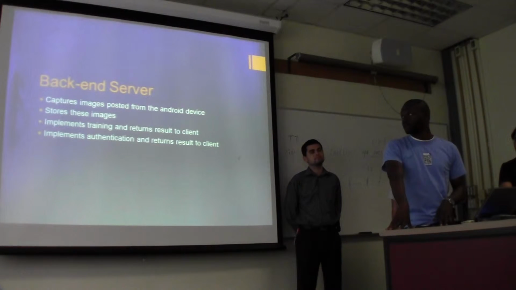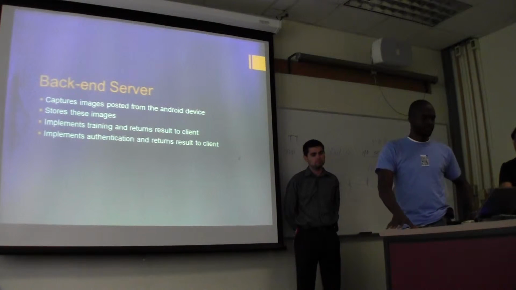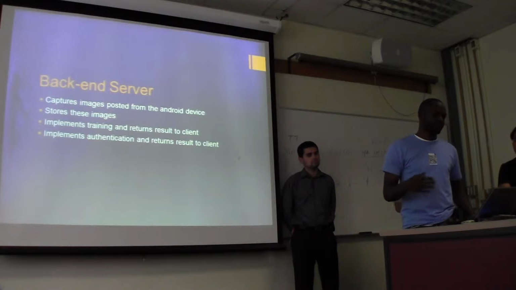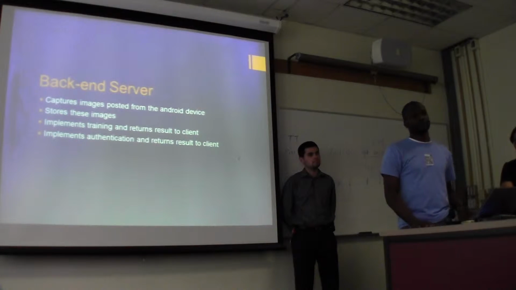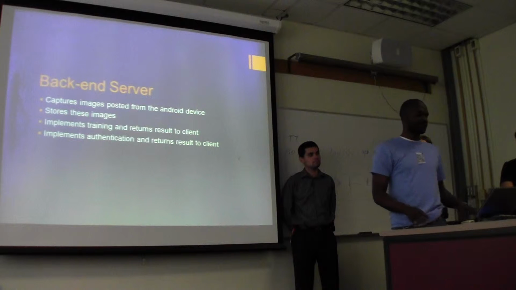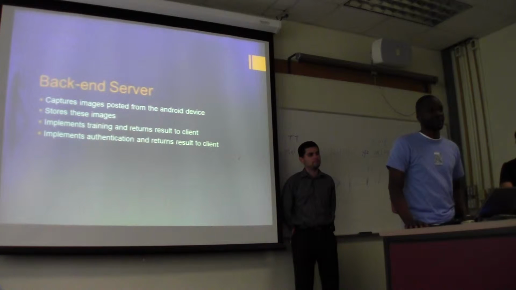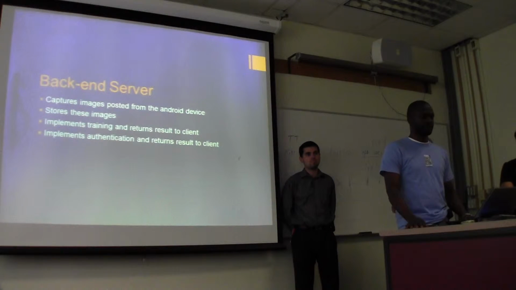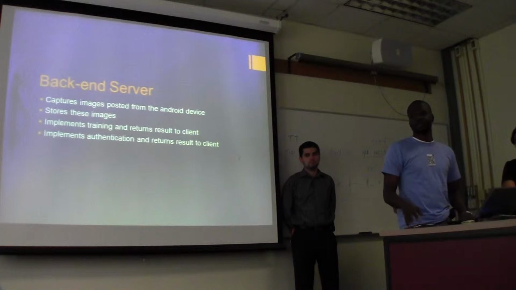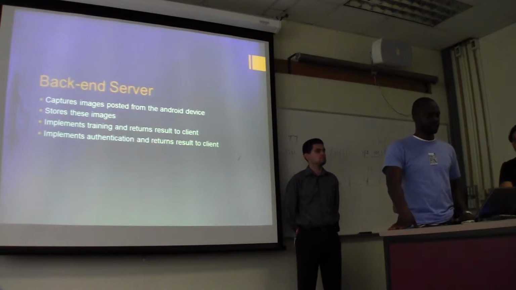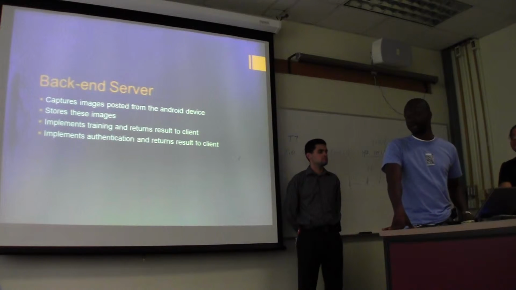Then the server also does the recognition part. When you're ready to recognize your face, you take a picture of yourself, and it goes to the server, and we send it to the face.com API, and it tells us the percentage match of the faces. So that's what the server does. The server stores the training images, and it also stores the image that it's comparing against your training images too.